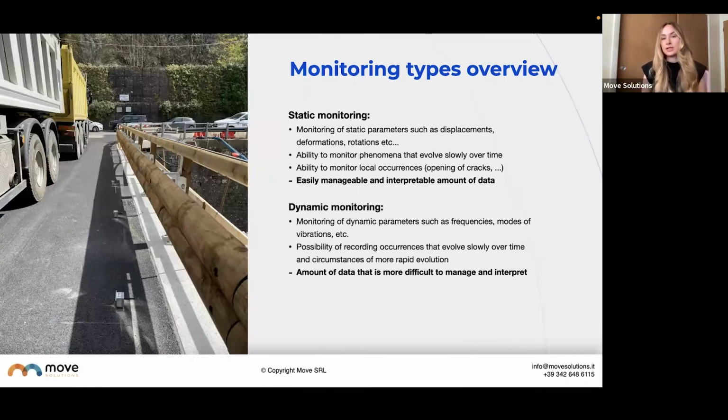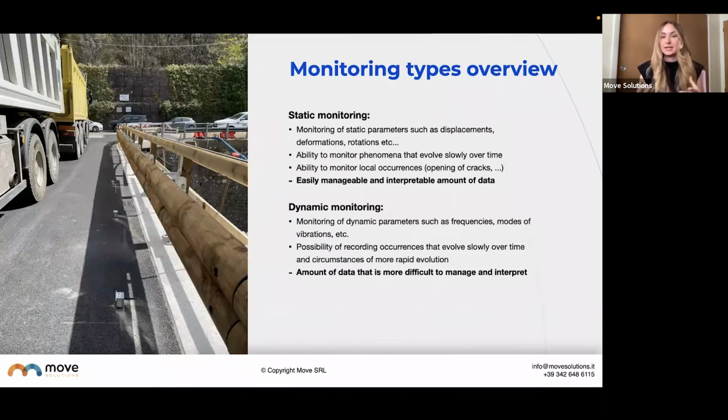Those monitor static parameters such as displacements, deformations, and rotations. You can monitor if cracks are opening or something that's evolving slowly over time. It's an easily manageable and interpretable amount of data. So those are the systems you typically come across.